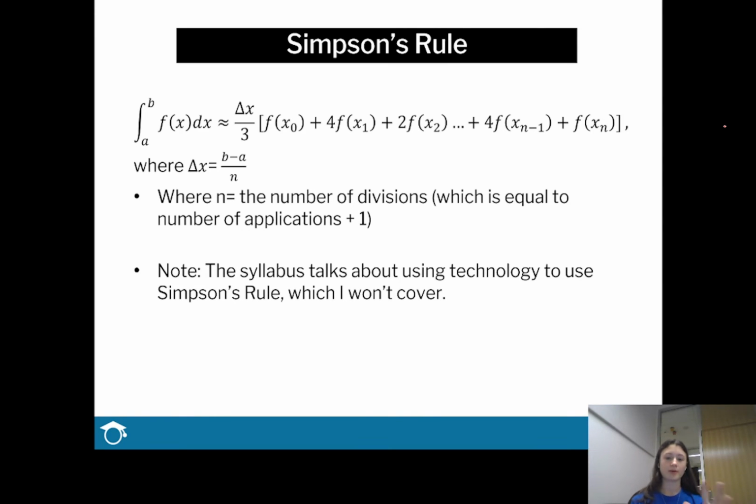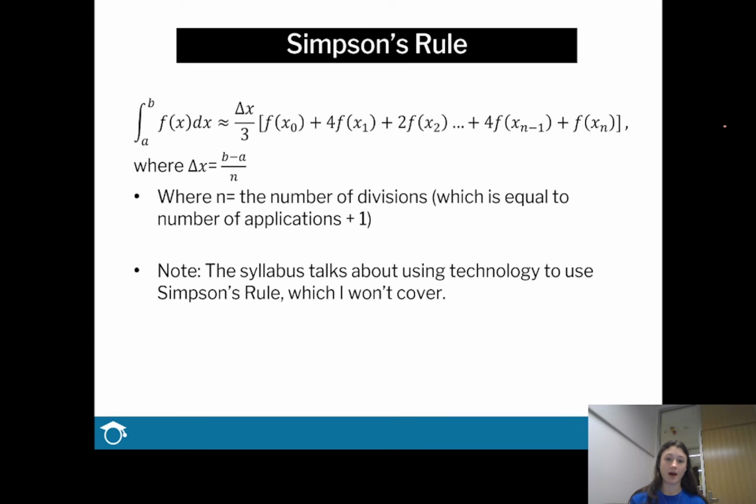So the number outside of the whole big brackets is going to be the entire width of your domain, which is going to be the difference between the two limits, b take a, divided by the number of strips. So they're going to tell you find the area under this function with maybe 5 strips or something like that. And then that's your n.